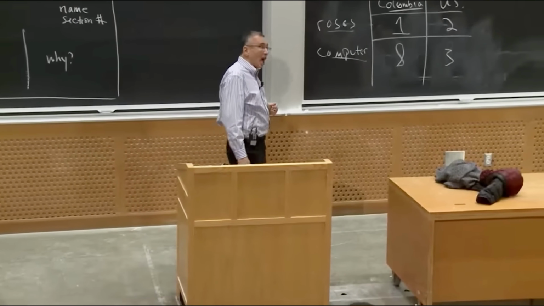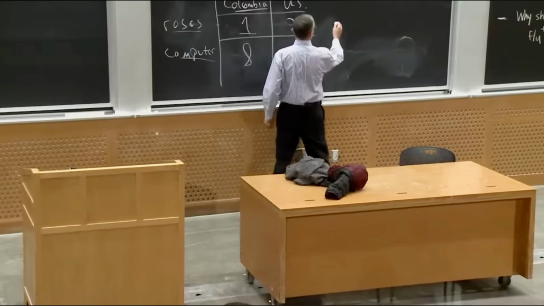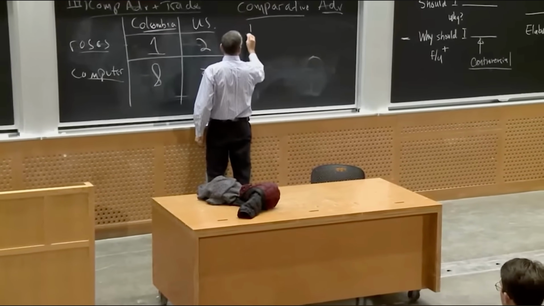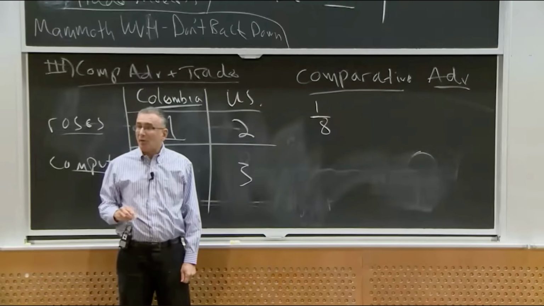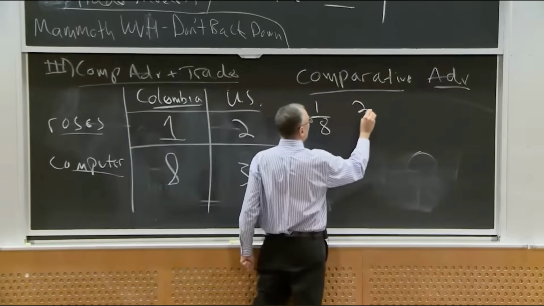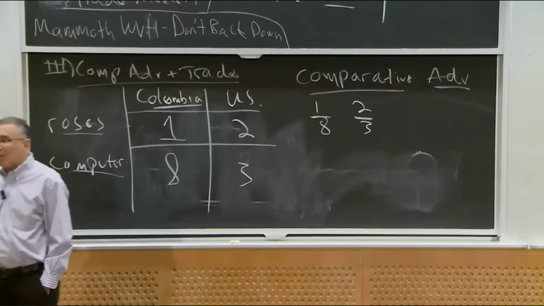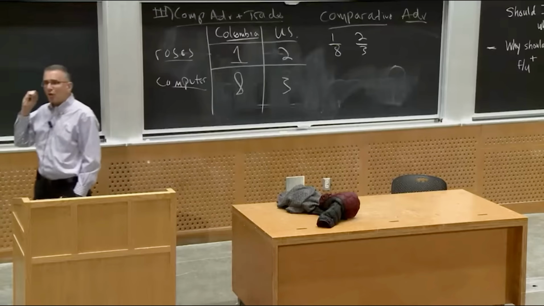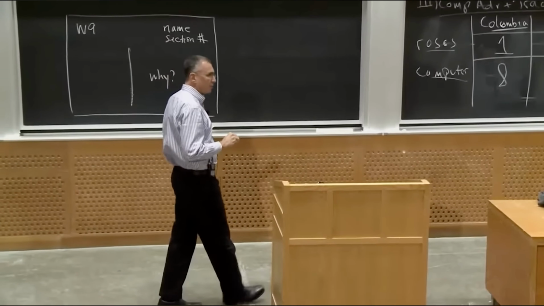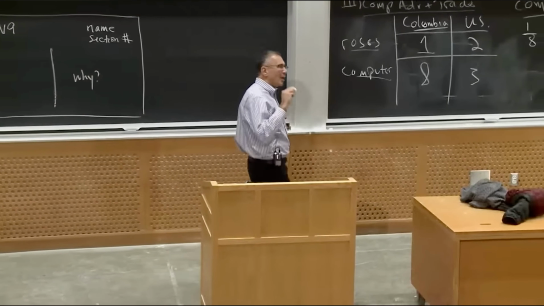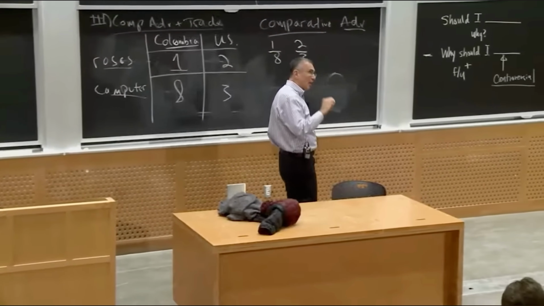So the opportunity cost of a box of roses in Colombia is 1/8 of a computer. The opportunity cost of a box of roses in the US is 2/3 of a computer. Since Colombia has a lower opportunity cost, they have a comparative advantage in roses. Colombia has a comparative advantage in rose production. Why? Because the opportunity cost is relatively lower.